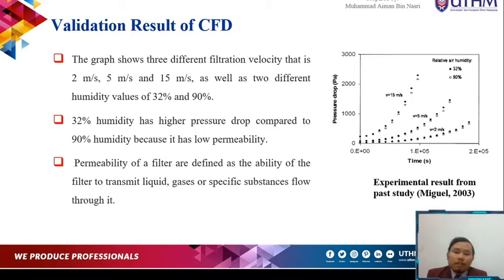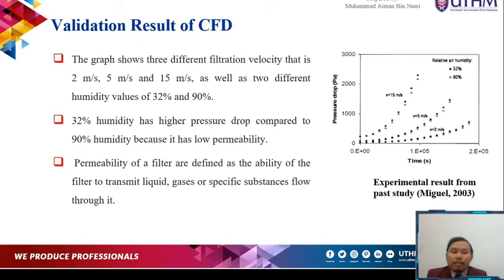Validation result of CFD. By referring to the graph, it shows three different filtration velocities, that is 2 meter per second, 5 meter per second, and 15 meter per second, as well as two different humidity values of 32% and 90%. 32% humidity has higher pressure drop compared to 90% humidity because it has low permeability.